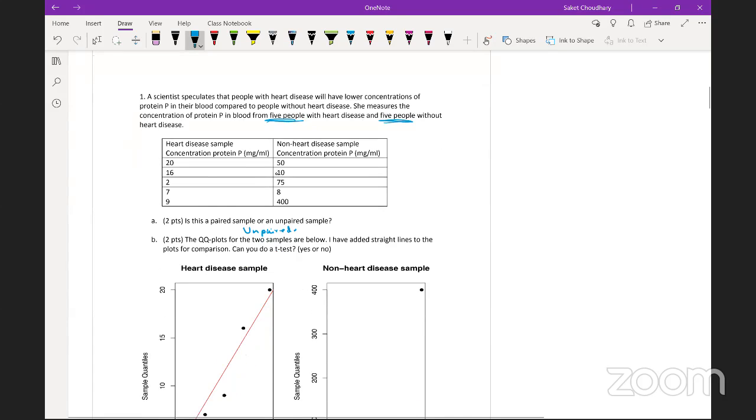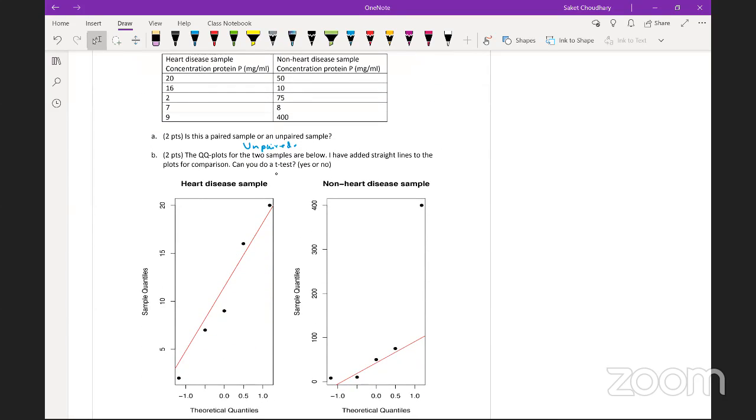We move on to the second problem. The QQ plots are given, and the problem asks, can you really do a t-test? The only thing we need to verify is whether the conditions for a t-test are satisfied. A t-test is a valid test if you have enough sample size. Now, "enough" is a broad term; we'll go into that detail a bit later. The other conditions are normality and a simple random sample.